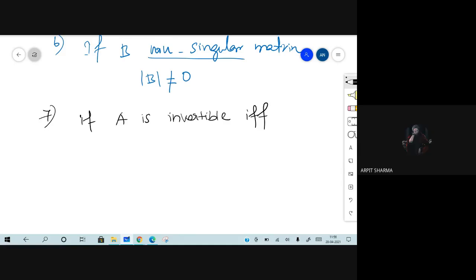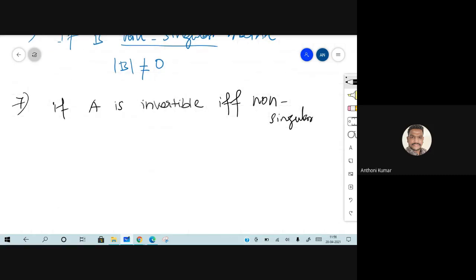So A is invertible if and only if the determinant is not equal to 0, which we call non-singular. What is the meaning of this? Whenever you are finding A inverse, it is your duty to check whether its inverse exists or not, by showing the determinant of the particular matrix is not equal to 0.